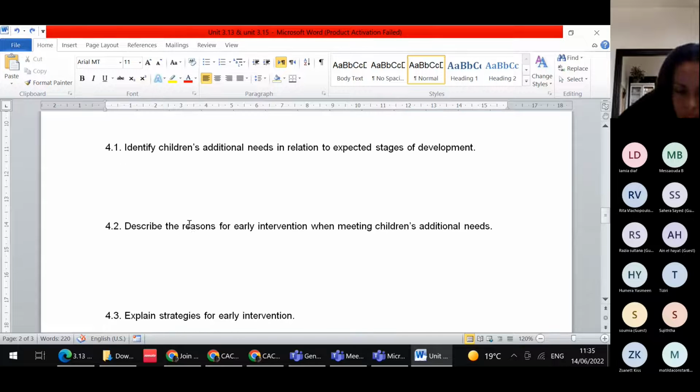Now 4.2, it says describe the reasons for early intervention when meeting children's additional needs. So why would we be intervening?